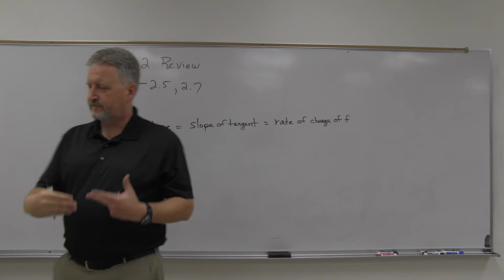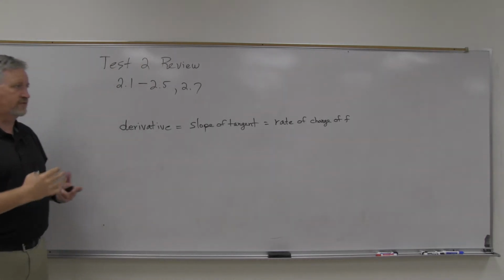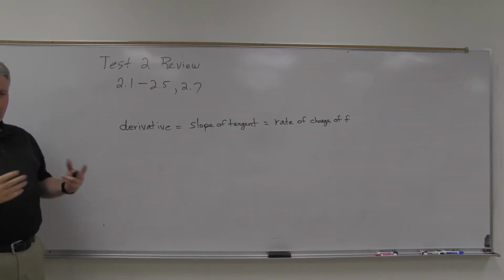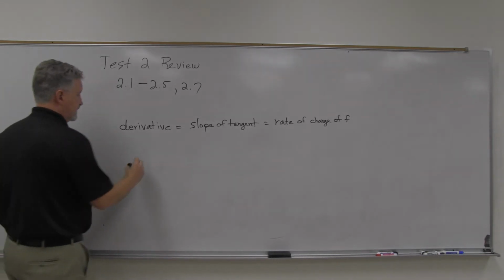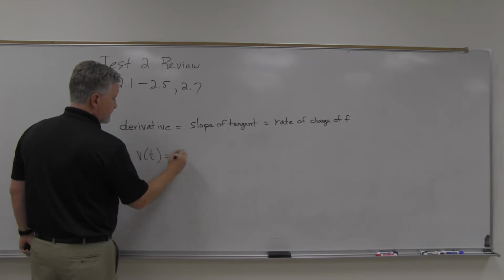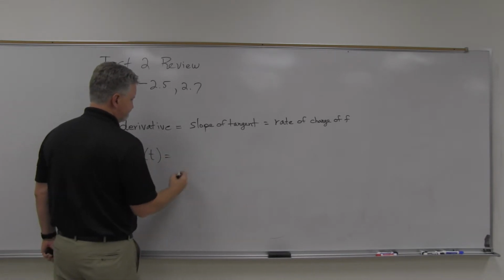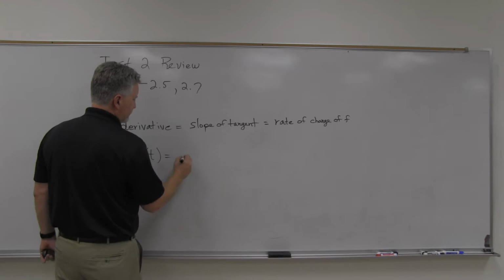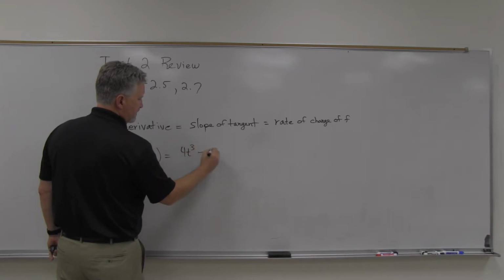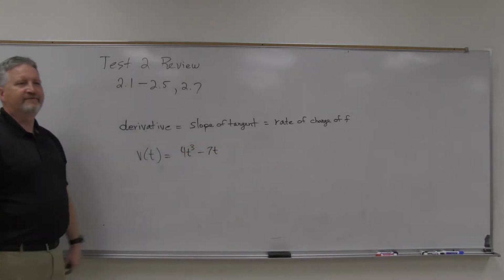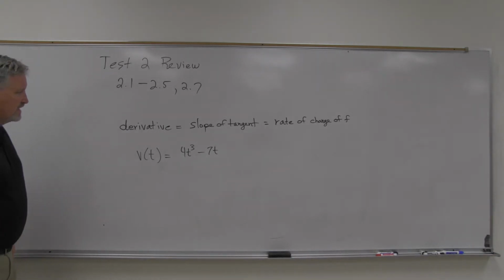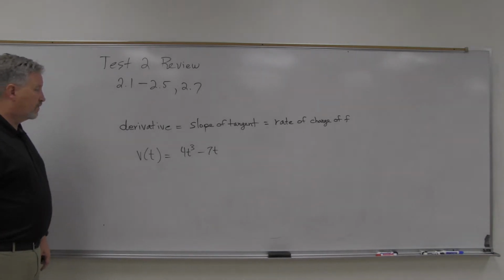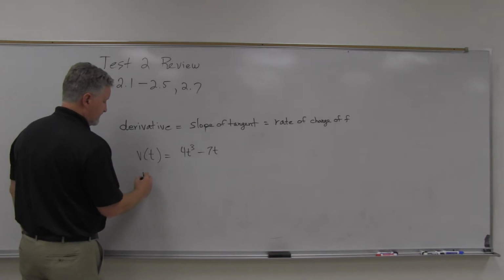And again, some students struggle with the wording here, because I will probably ask you, say I've got the volume with respect to t is, whatever it is, 4t cubed minus 7t. I don't know. If that gives you the volume with respect to t of an object, what does V prime represent?